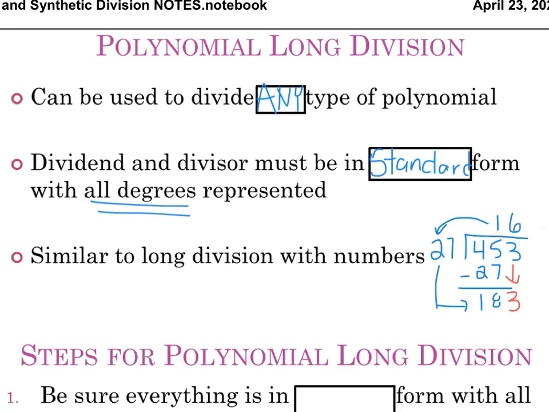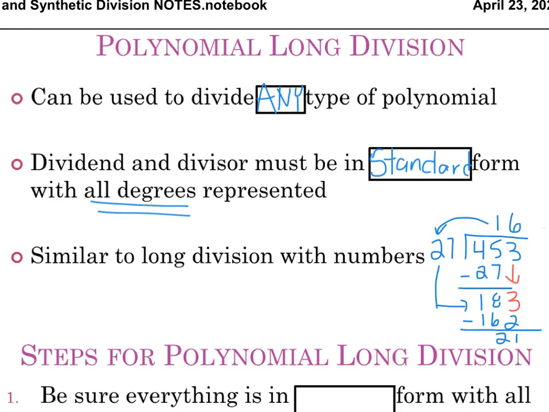So again, I just repeat my steps. 6 times 27 is going to be 162. And again, I subtract. 2 from 3 is 1. 6 from 8 is 2. And that's my remainder.